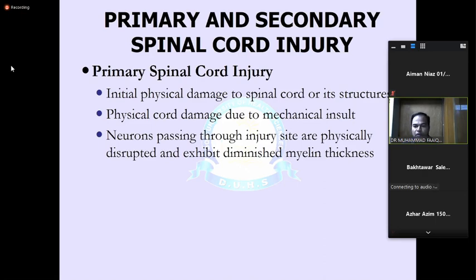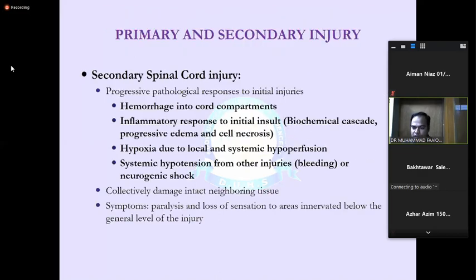And after the impact, if the spinal cord has some sort of edema, hemorrhage, inflammation, spinal shock, hypoxia, hypotension, these are the ongoing complications. Ongoing complications may result in secondary spinal cord injury. And it is important because sometimes you see a patient in the emergency ward with primary spinal cord injury.